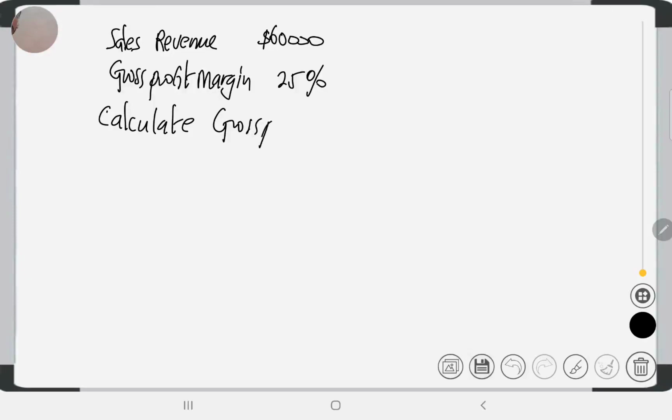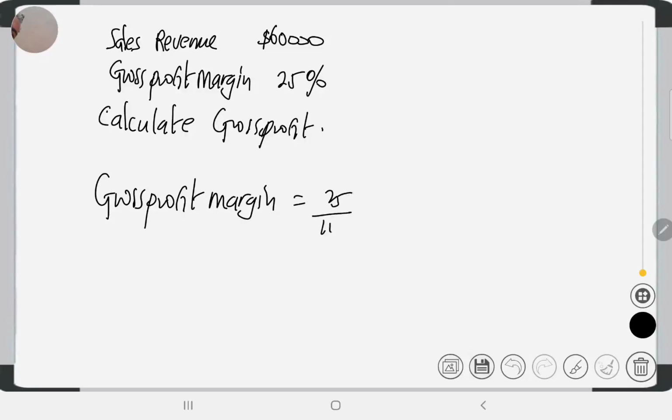Calculate gross profit. So how do we calculate gross profit? Gross profit margin is equal to 25 over 100 times sales revenue. What is sales revenue? 60,000.